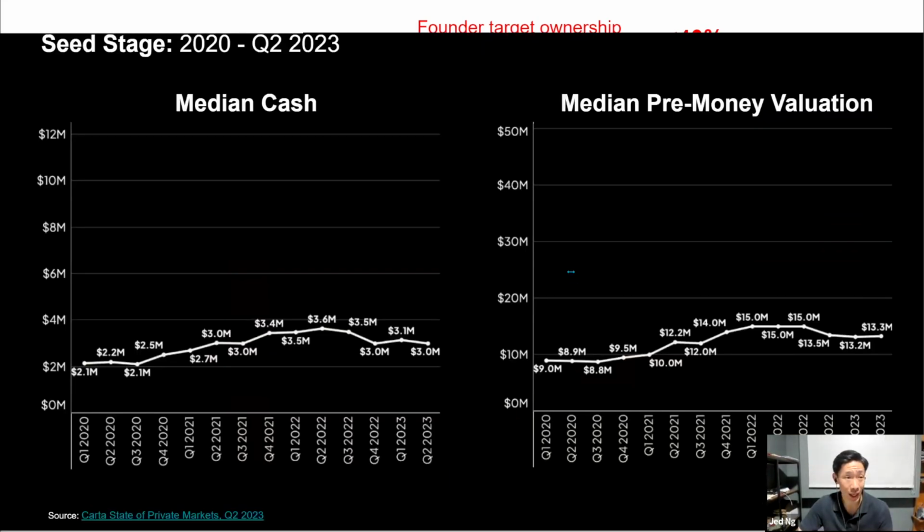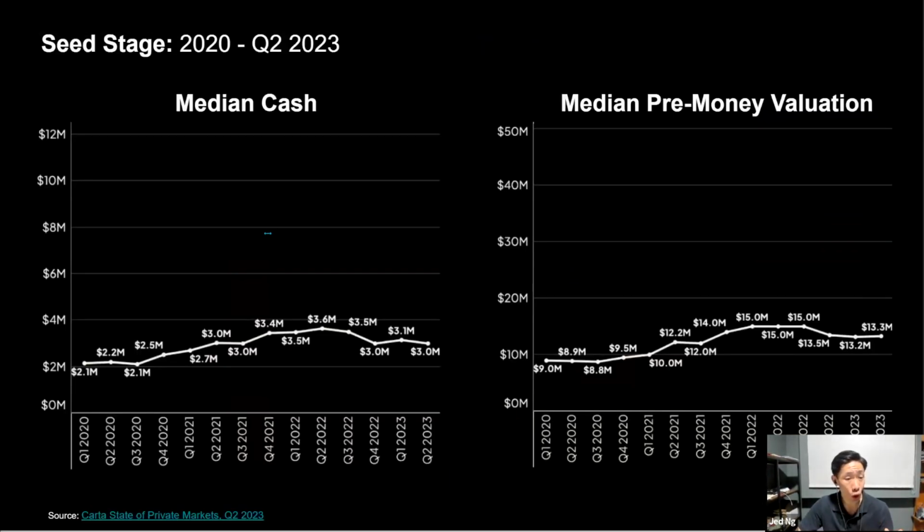And here's the data behind it. What you're looking at here is seed stage companies. On the left is the median amount of cash raised quarter by quarter from 2020 up to Q2 of 2023. And on the right is median pre-money valuation. The point here is that you see a very clear pattern: when companies raise more cash, their median pre-money valuation also increases, right? So this is what I'm talking about.